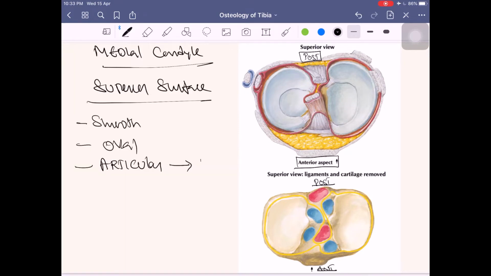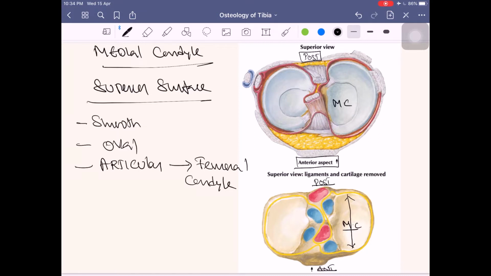It articulates with the femoral condyle. Now in this, this is our medial condyle, because it is more oval in shape than transverse, and this is the one which is articulating.